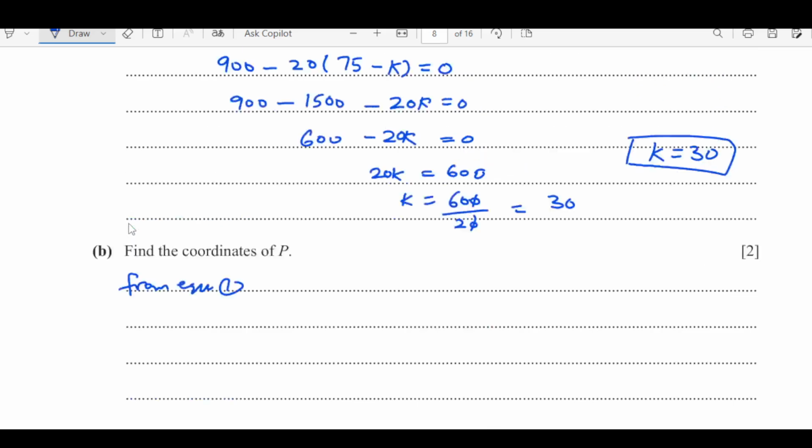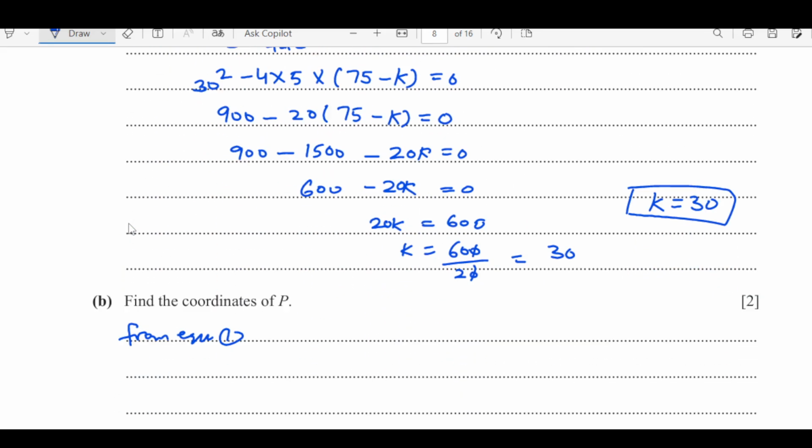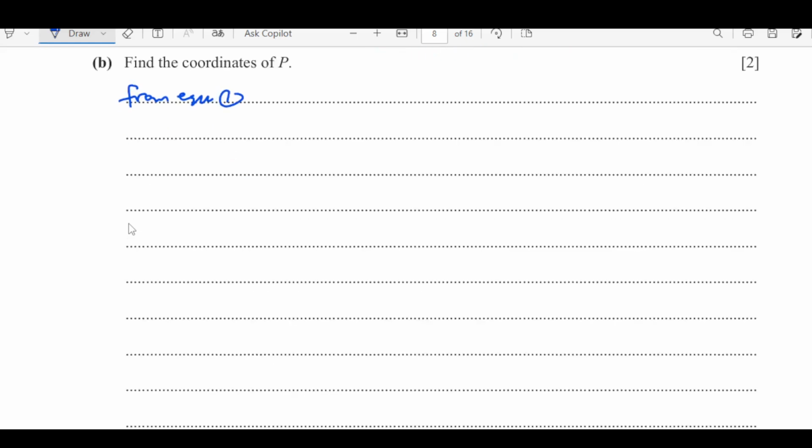We have 5x squared plus 30x plus 75 minus k, where k is 30 now, equals 0. So 5x squared plus 30x plus 45 equals 0.